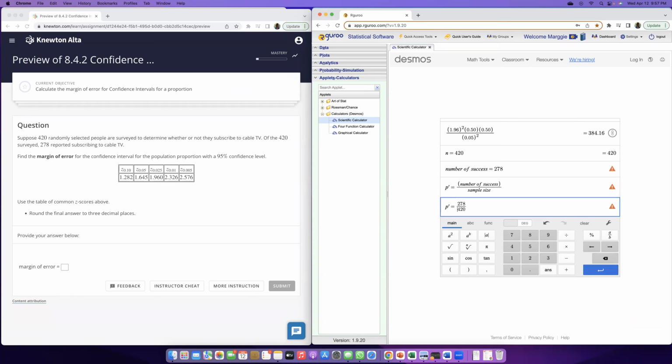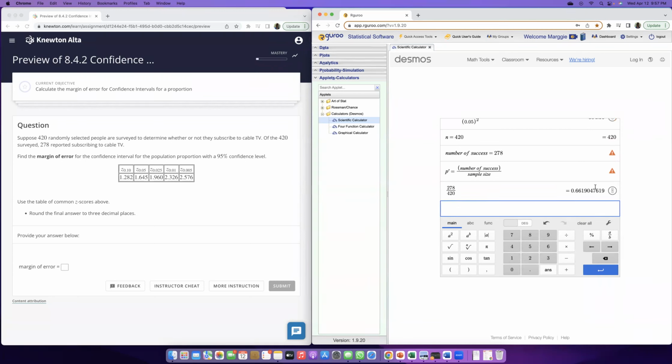And again, I am going to take this out so that it calculates this for me. So the proportion is 0.66. All right. And so then if I need to find 1 minus P, then I do 1 minus that 0.66. And so the Q is going to be 0.34.